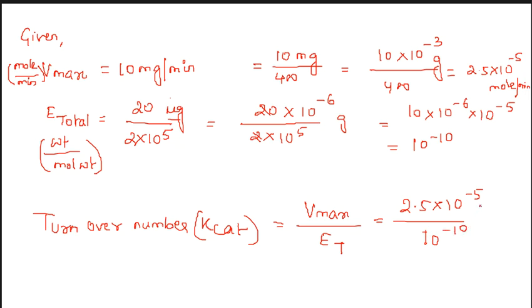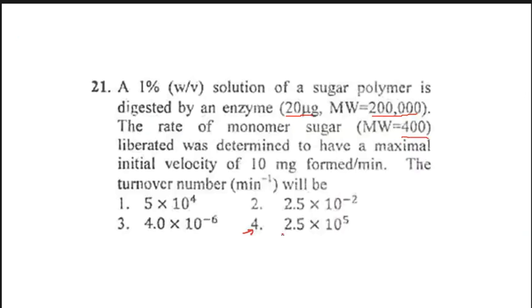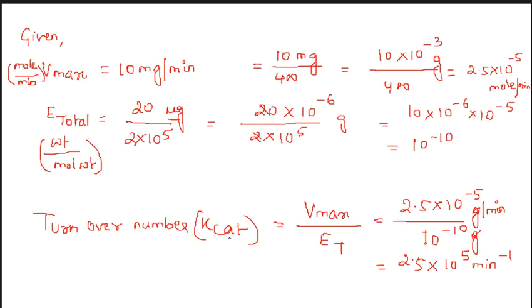Okay, and what was the unit? The first unit was gram per minute and the second was only gram. So gram got cancelled out, and what we get is 2.5 into 10 to the power 5 minute inverse is our answer. So answer 4 will be the correct option. Answer 4. I hope this is clear.